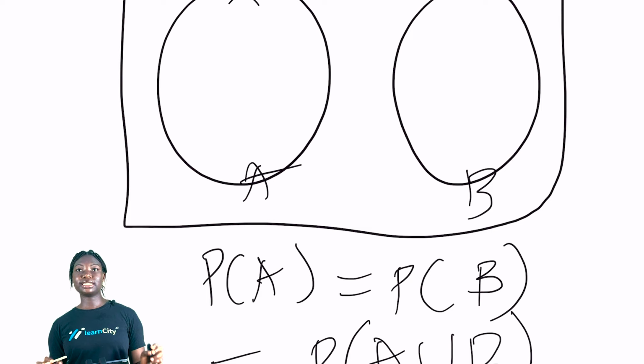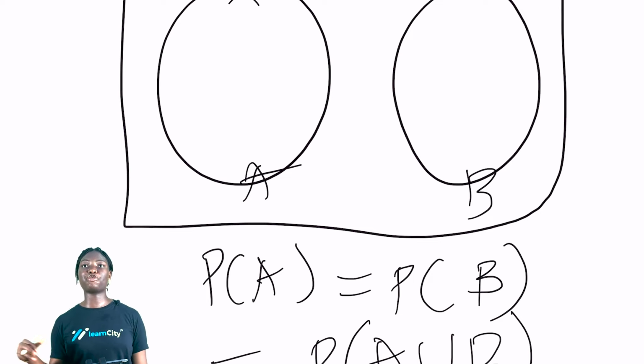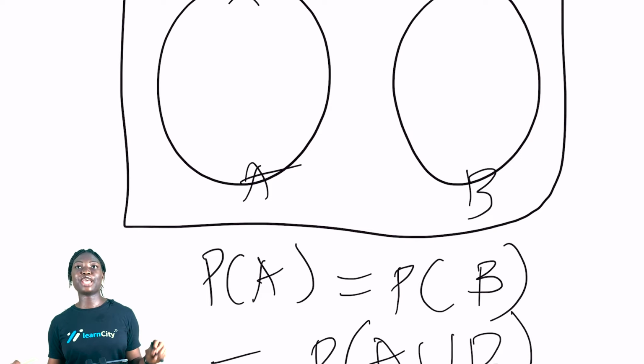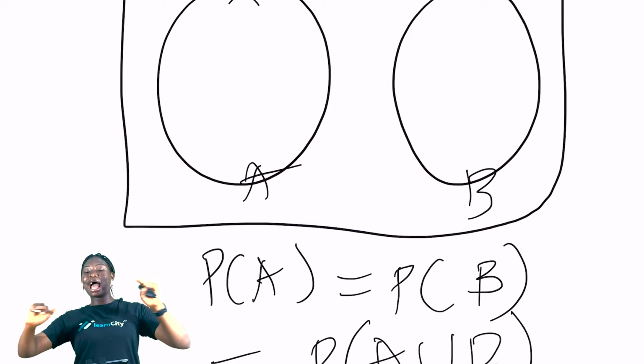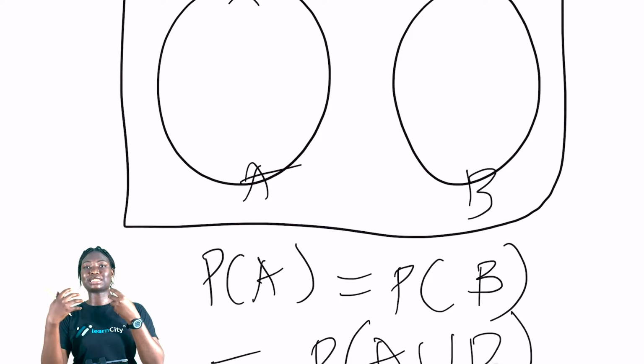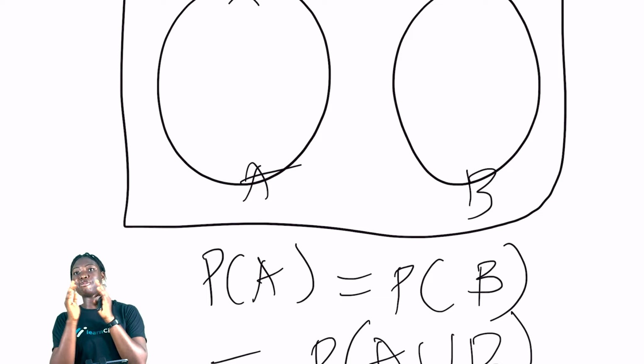These events are said to be mutually exclusive since the probability of A or B is equal to the probability of A plus the probability of B. So this shows that 2 events are mutually exclusive if they cannot both occur simultaneously. They are 2 different things. They cannot occur at the same time.